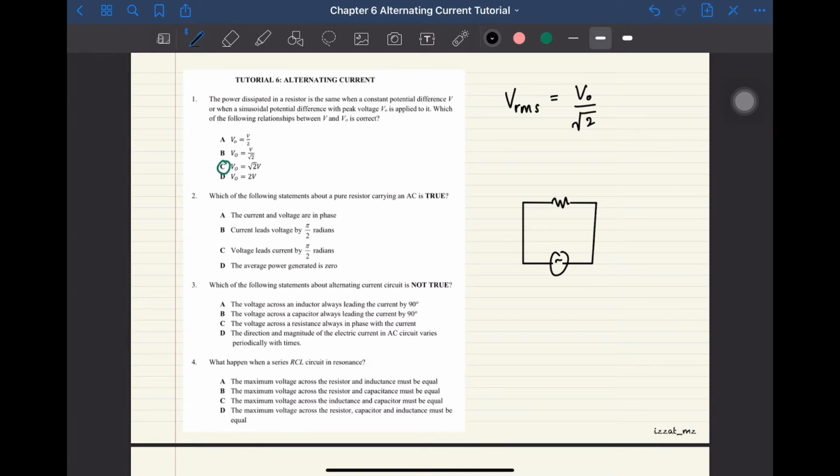They're actually talking about whether the voltage and current lead, which one. So average power generated is 0. That is not true because power is dissipated over there. If this were a circuit of pure capacitor or pure inductor, you can answer it like this, the average power generated is 0. But this one is a resistor, so you have power dissipated over here.